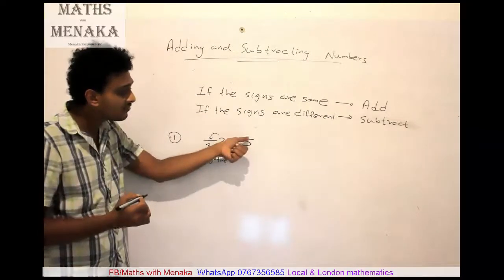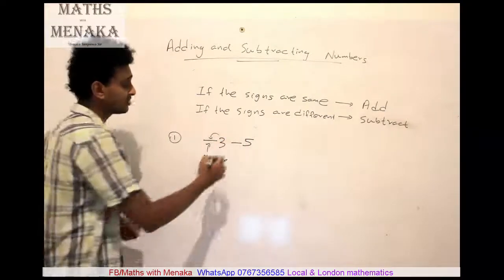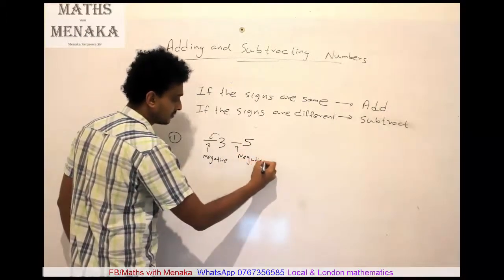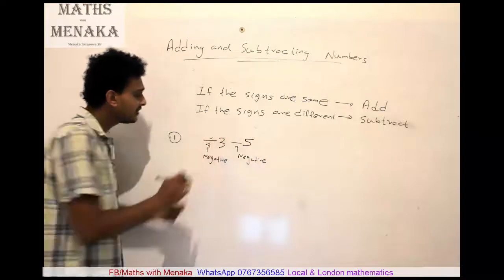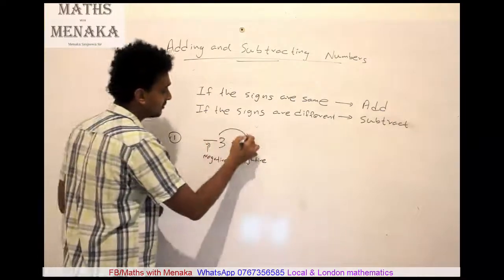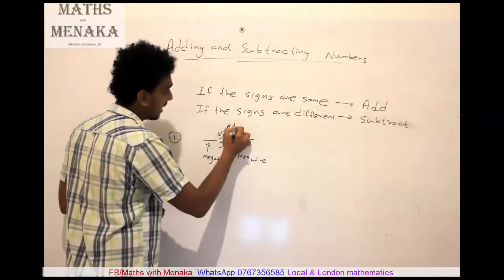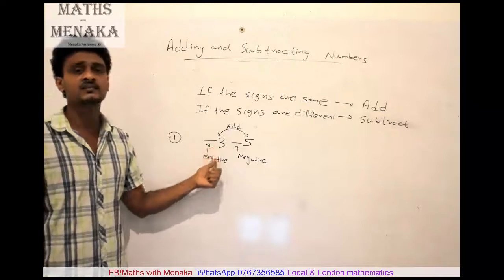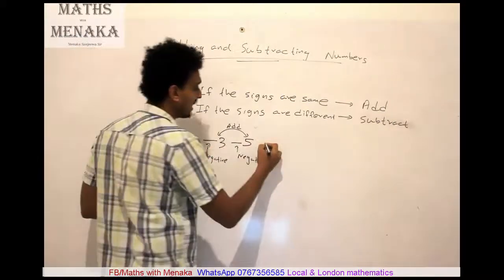The sign of the 5 is also negative. Remember, if these two signs are the same, we should add these two numbers. When you add 3 plus 5, the answer is 8.